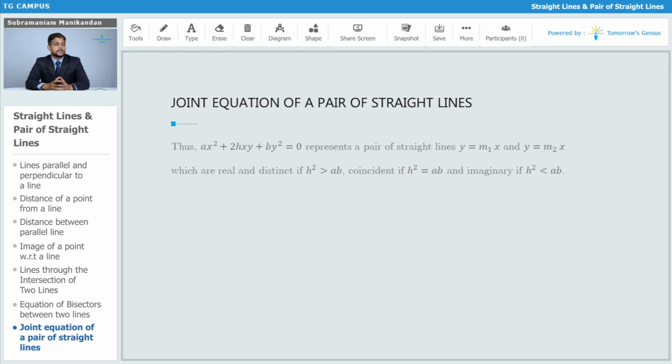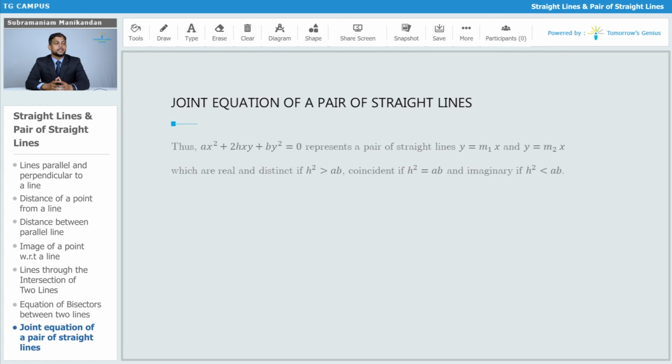Thus, ax square plus 2hxy plus by square is equal to 0 represents a pair of straight lines y equals m1x and y equals m2x, which are real and distinct if h square is greater than ab, coincident if h square equals ab, and imaginary if h square is less than ab.